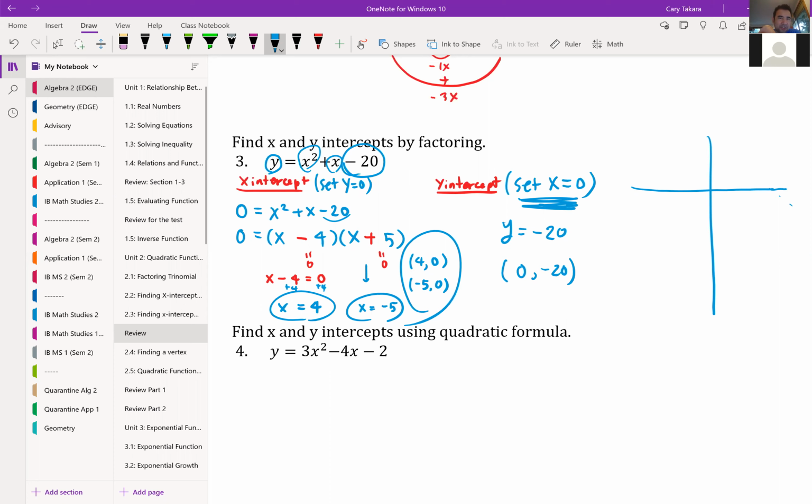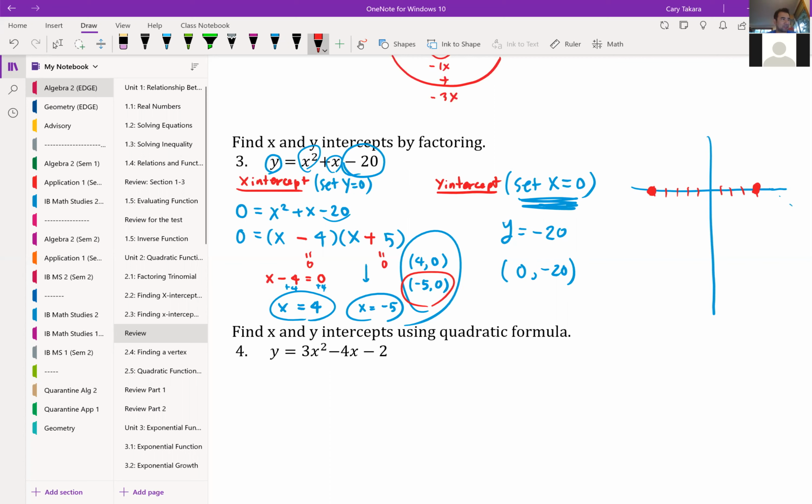So the x-intercept is going to be 1, 2, 3, 4 right here, right? 4, 0. That's right there. So the parabola is going to go through that. Another x-intercept is negative 5, 0. 1, 2, 3, 4, negative 5, right there.